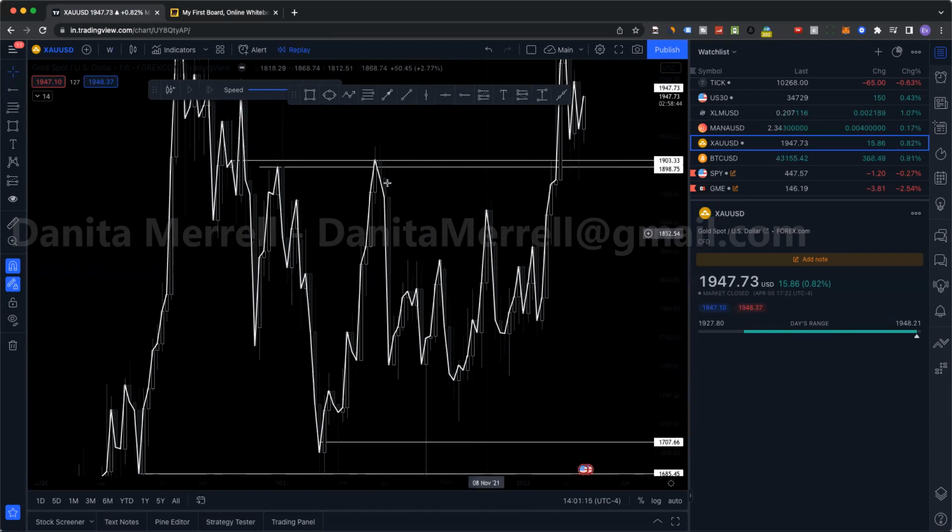Very simple. So weekly to weekly is now complete. And then we trade back up to the next weekly level here.